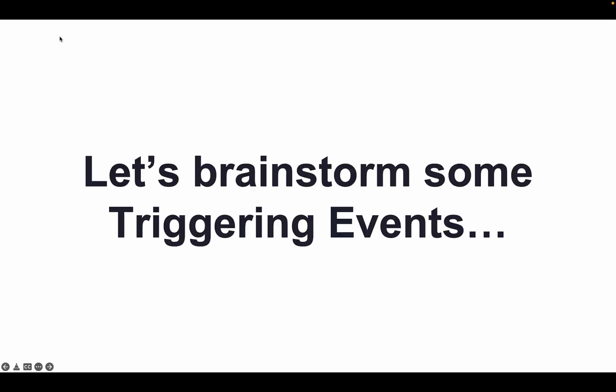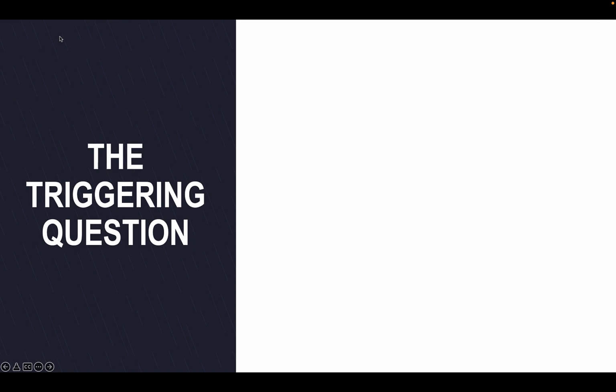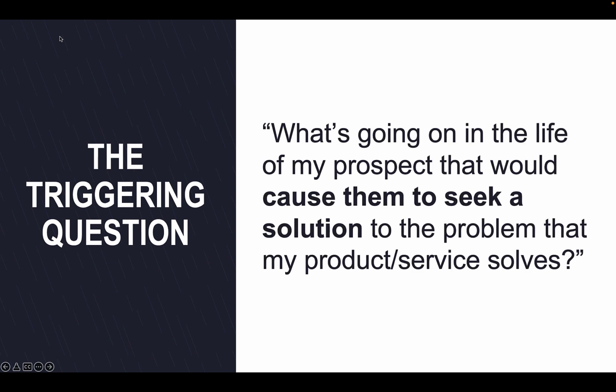So let's brainstorm some triggering events. Triggering questions: what's going on in the life of my prospective parent that would cause them to seek a solution to the problem that my school solves? A lot of times, this does not sneak up on parents needing to enroll their child in school.